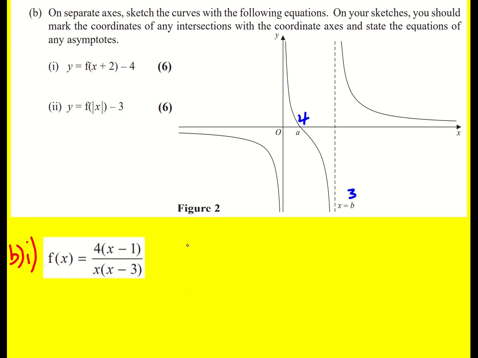We're going to have a translation by minus 2, minus 4. Because we're minusing 4 from the function, and we've got a plus 2 in here, we do the opposite and get a minus 2.